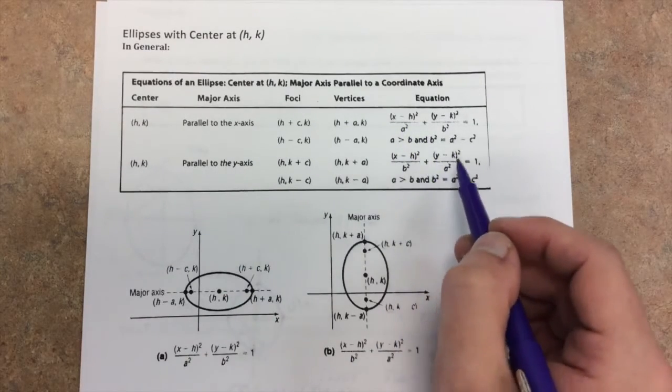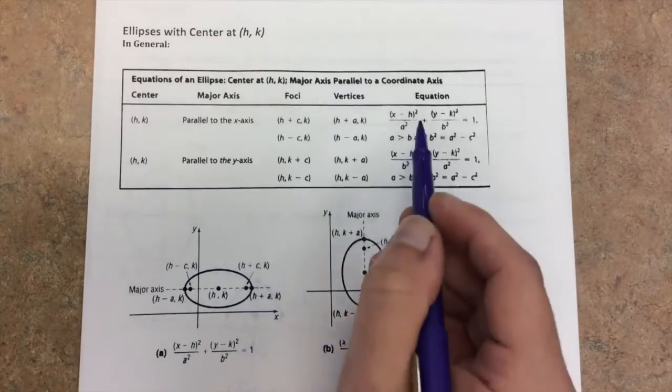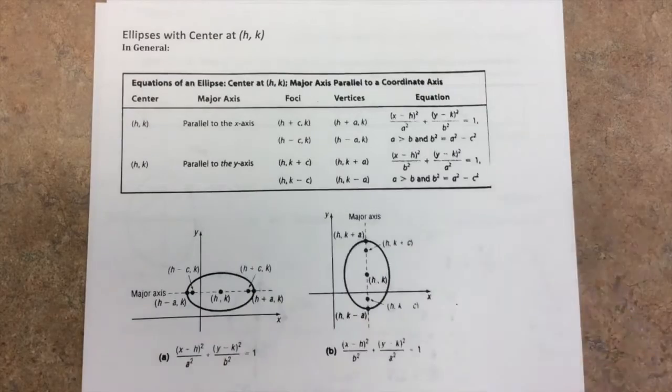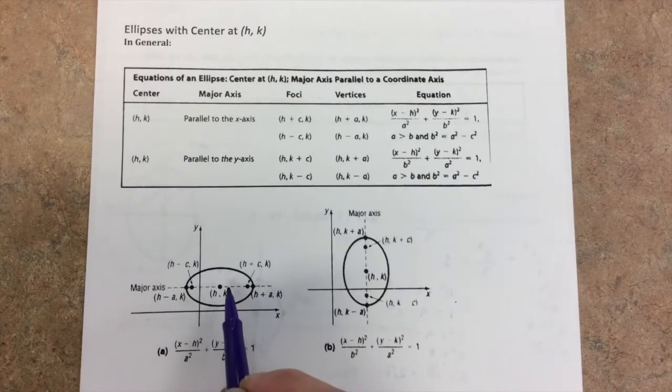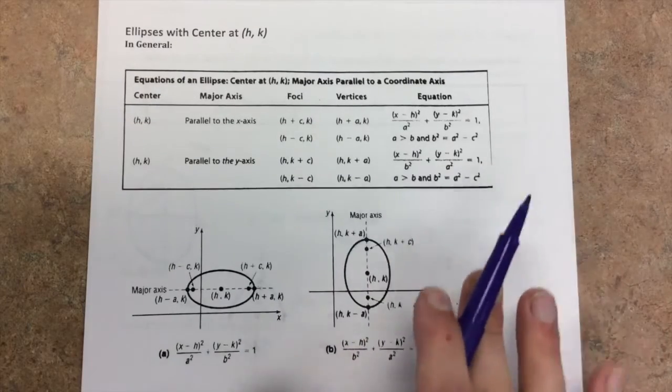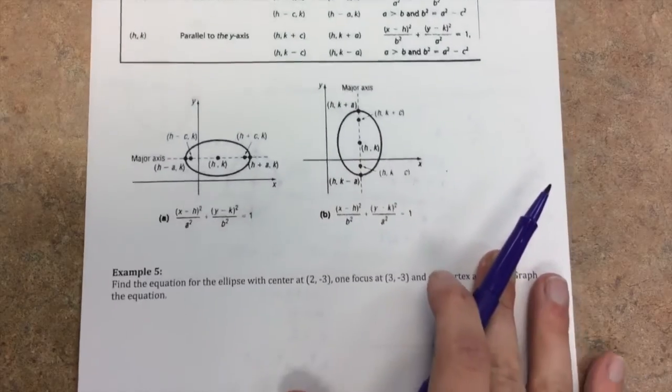And if we have our major axes under our y squared, that means we're going to have a tall ellipse. And then the h and k, all that does is move our center around. If we want to find the A, all we're doing is counting from the center out. Same thing with our focus. Nothing new. We should be good with just moving these shapes around. All we're doing are transformations, which is pretty straightforward.